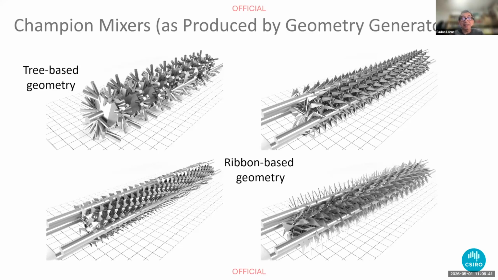So that's where I got an idea: we needed to use our intuition to come up with a geometry that is actually good for mixing. Learning from nature, it should be something wide and thin, just like a wing. That's where we came up with a ribbon-based geometry, and that proved to be the winning choice.